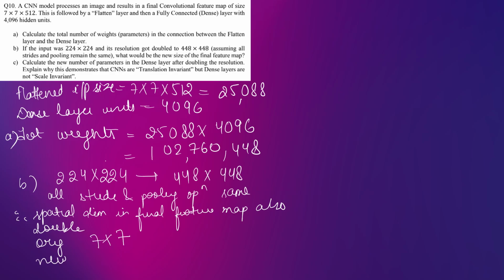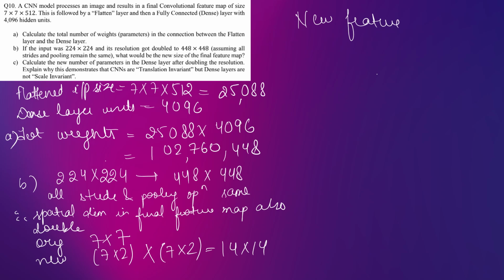Now new will be 7 into 2 into 7 into 2. That will be 14 into 14. So now your new feature map size will be 14 into 14 into 512.